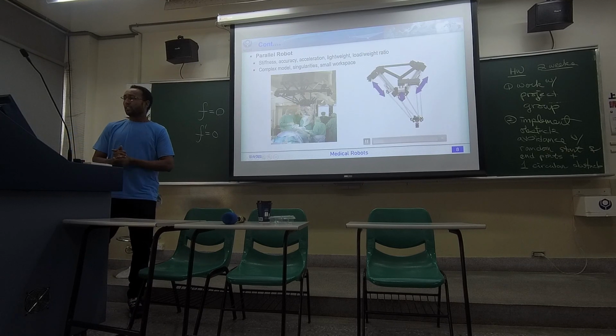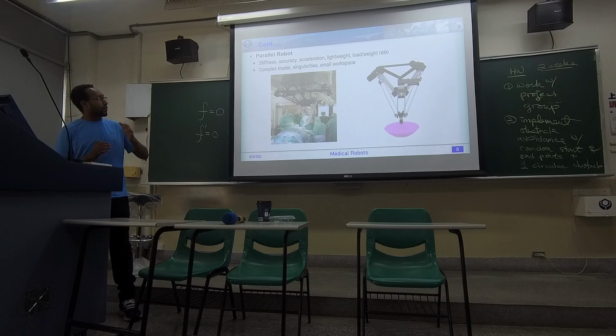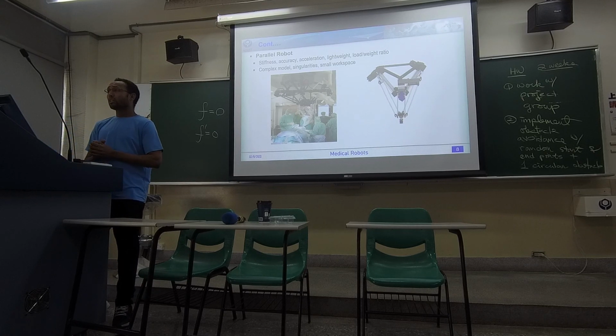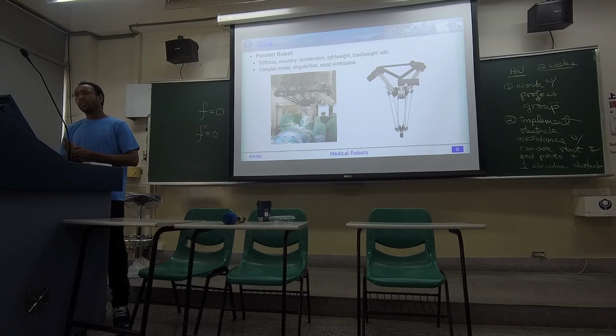And the other is the parallel robots. These are stiff, accurate, with good acceleration, lightweight, and a good load to weight ratio compared to serial robots. In fact, they are complex in model.